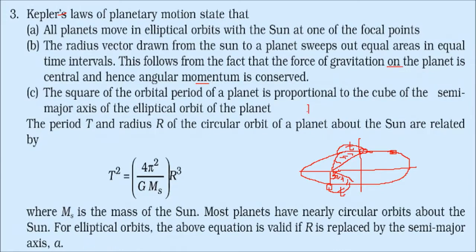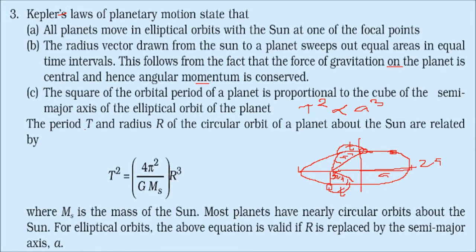The square of the orbital period of a planet is proportional to the cube of the semi-major axis. If the full length from this point to this point is 2a, this will be a. So T square is directly proportional to a cube.